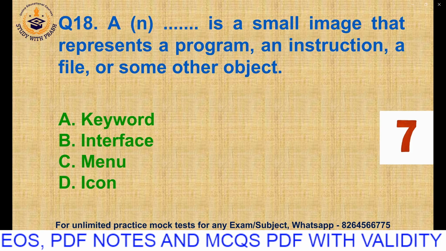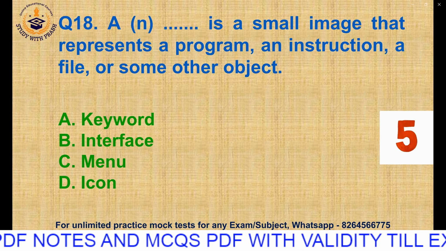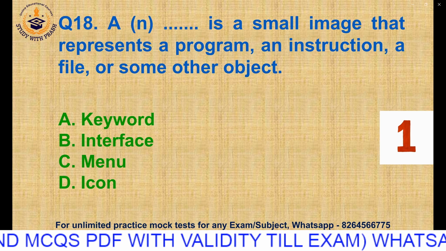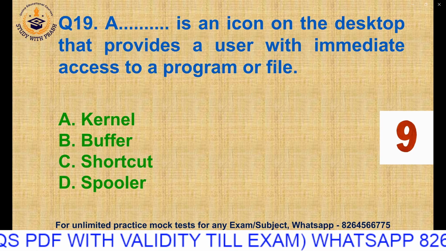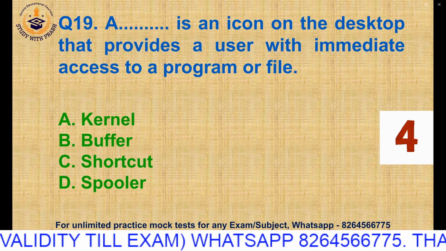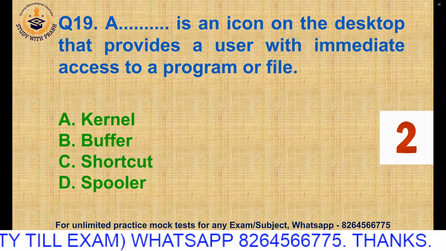Dash is a small image that represents a program, an instruction, a file, or some other object. A dash is an icon on the desktop that provides a user with immediate access to a program or file.